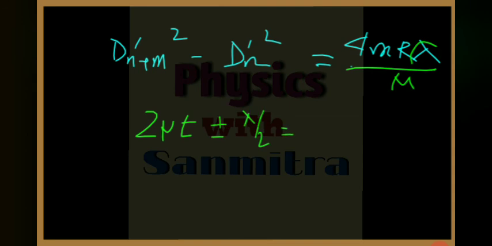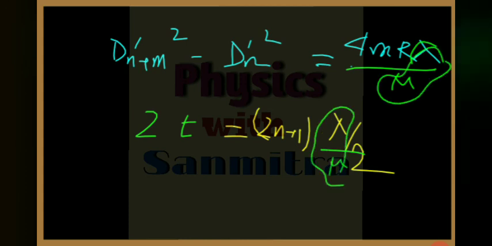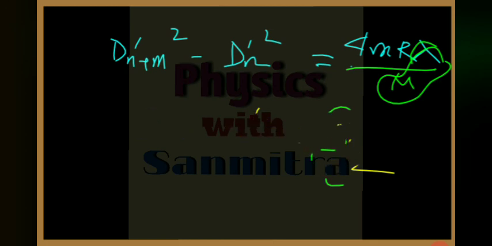While deriving this, let me show you again. The final expression we got was 2n plus 1 lambda by 2, and what we could do here is that this mu we can write here, as lambda by mu. So instead of lambda we can write lambda by mu. So this is for the normal case, and this is for the case with the refractive index.